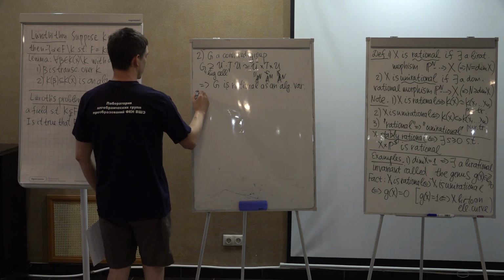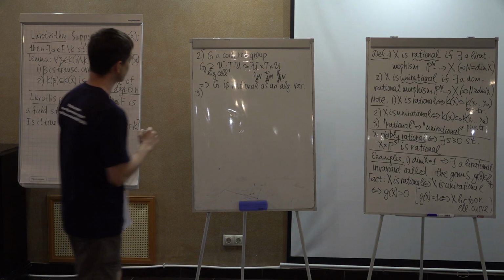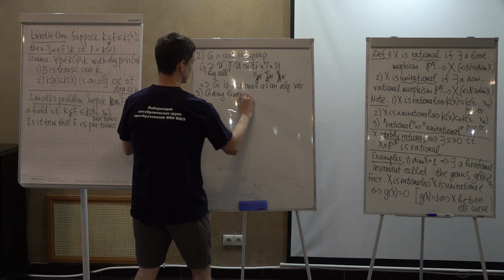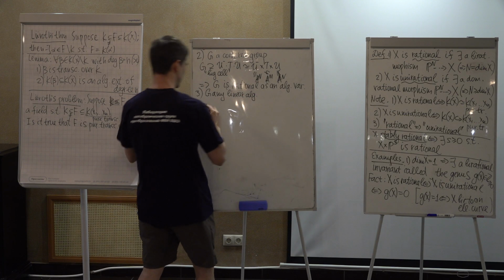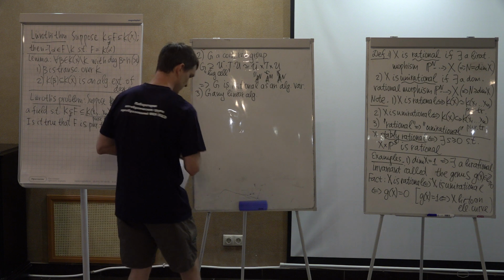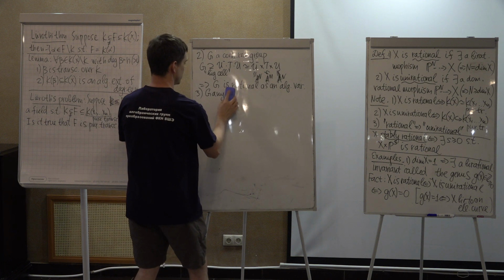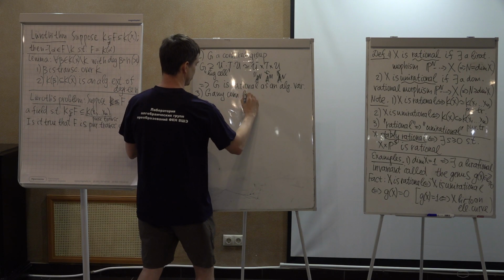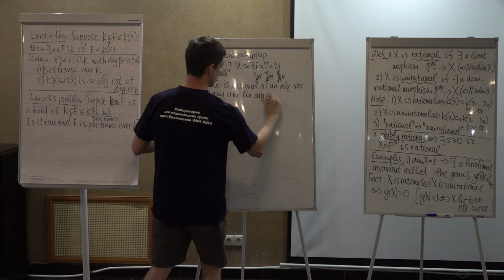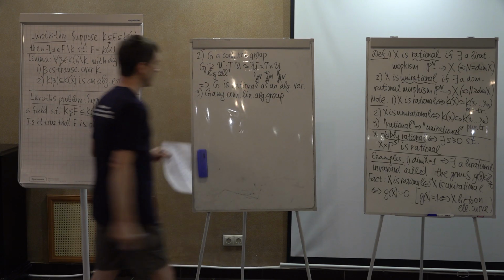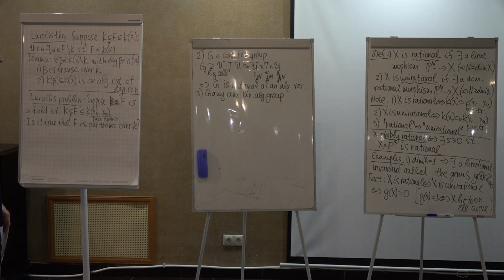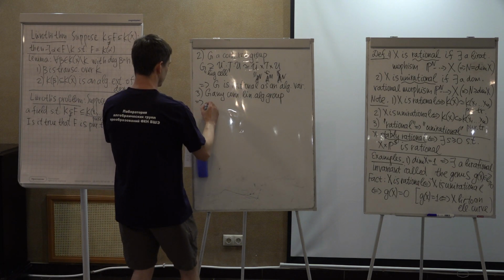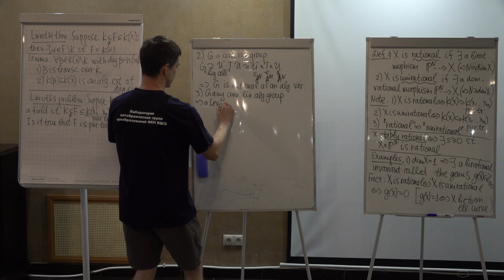Okay, now let's consider any linear algebraic group, maybe connected. Any connected linear algebraic group. Then we have a Levi decomposition.